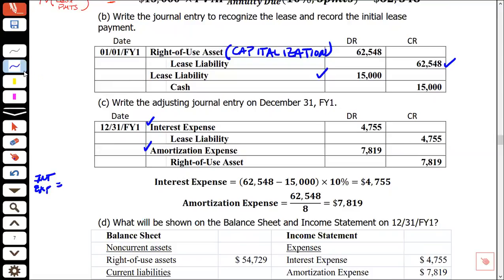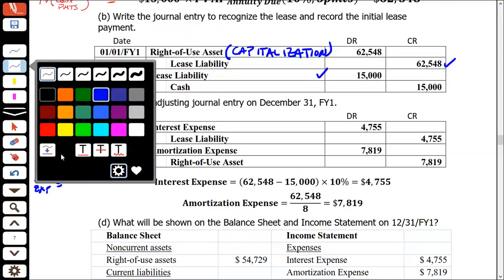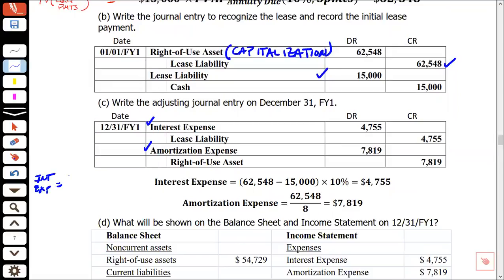So interest expense equals, and maybe I've got to go with that thinner pen here, equals CV, carrying value at the beginning, times the effective interest rate, equals the interest expense.